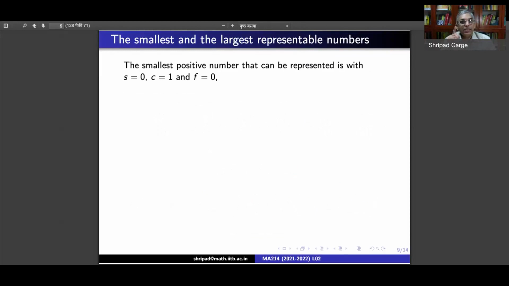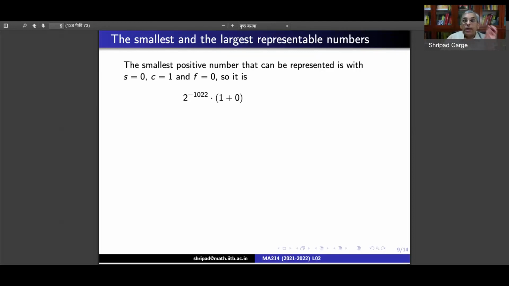If we put c equal to 0, then what we get is the number 0. And we don't want that. We are looking at the smallest positive number that can be representable. So we will take c equal to 1 and f is 0. And therefore, the number that we get is 2 power minus 1022 into 1 plus 0.